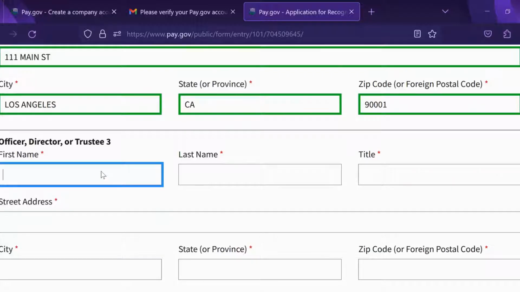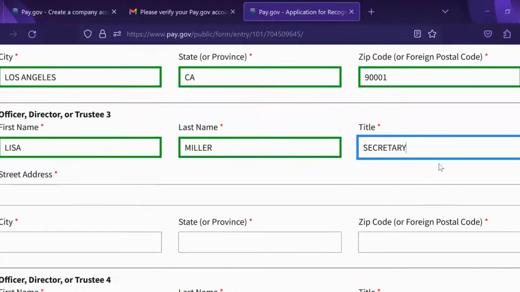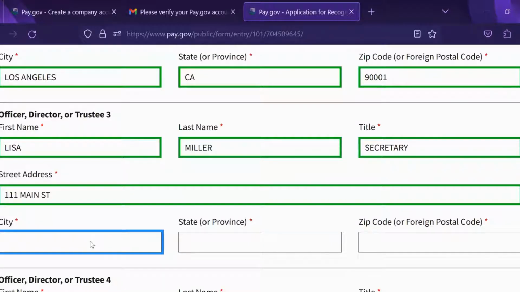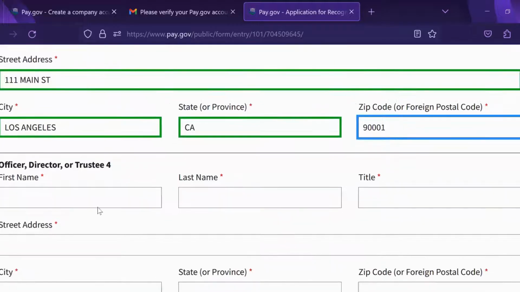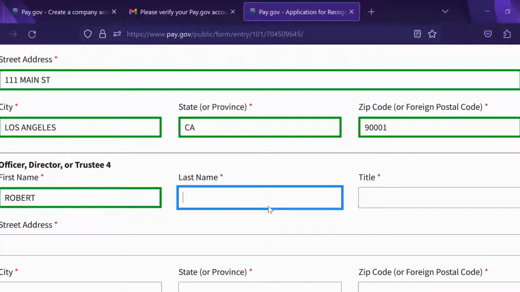And the third person is, she is the secretary. And then the fourth person, I'm trying to think of a name.